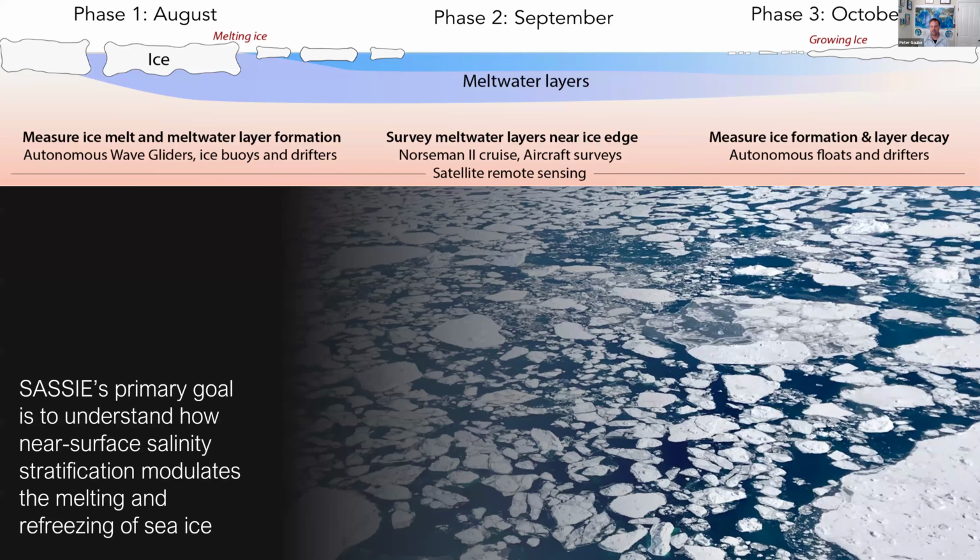Let me briefly describe the SASSIE idea and the different phases. We broke apart the ice melt and refreezing into 3 phases. Sometime around August, we have a lot of melting. We're approaching our minimum time. And we expect to see some anomalous, maybe fresh water at the surface from the melting ice.